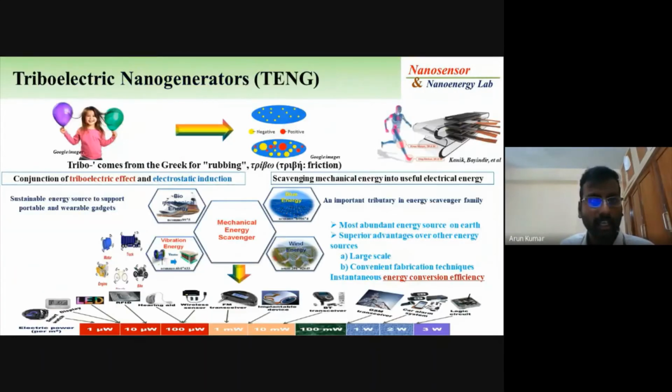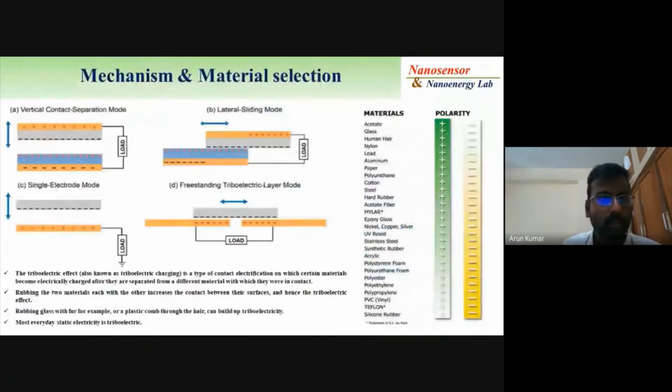Again, the introduction for the nanogenerator. Here the conjunction is between the triboelectric and electrostatic effect. As I told, you can do it on a large scale and also get good energy conversion efficiency, so that's the reason we are working on this device.